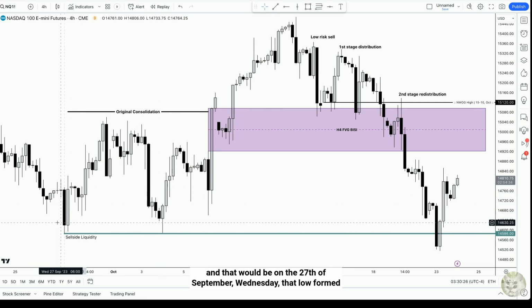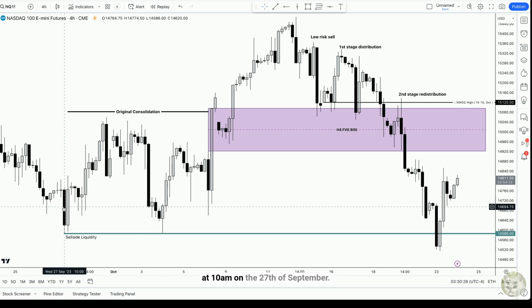That low formed at 10 a.m. on the 27th of September on your 4-hour NASDAQ chart, okay?